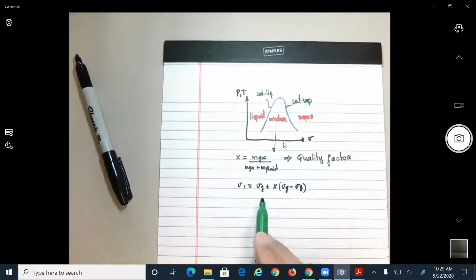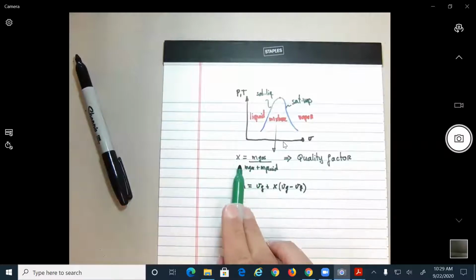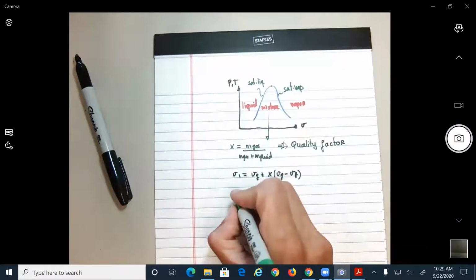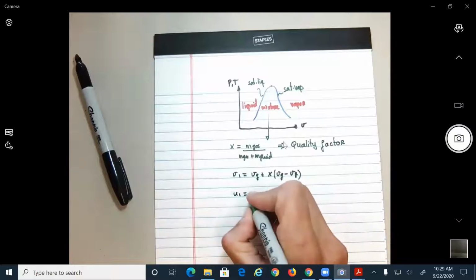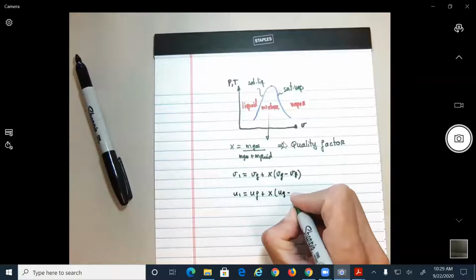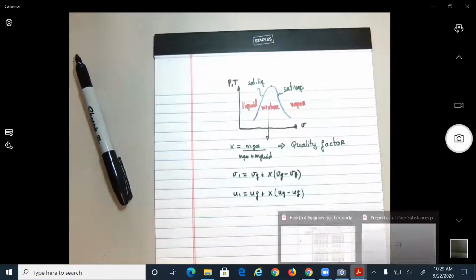If you do percentage, that's what it means. You can also write V gas minus V liquid, the V mixture, times X. Same thing. So the value of the property. If you do the internal energy, U1 will be equal to U fluid plus X times Ug minus U fluid, which are the expressions that you have over here.